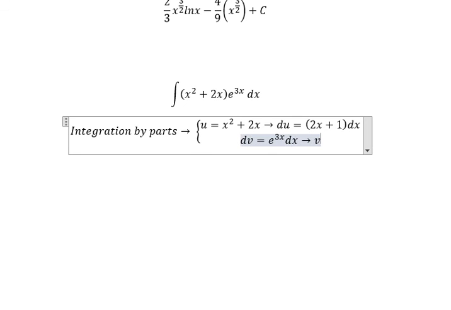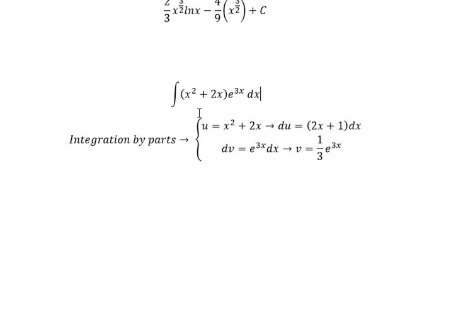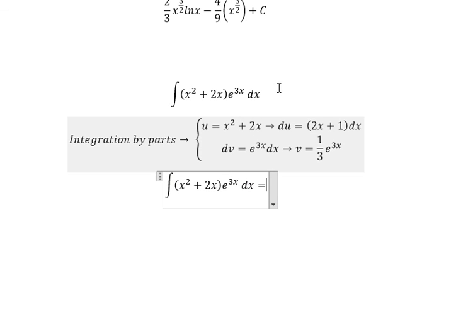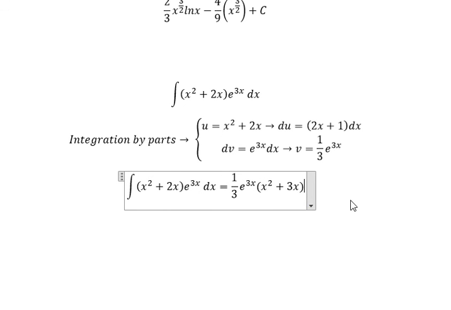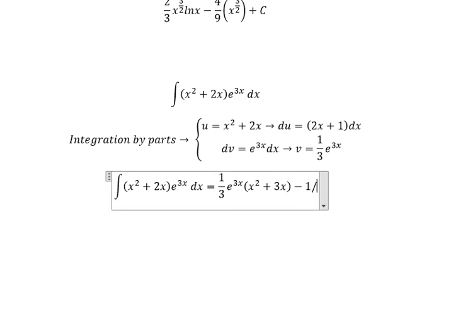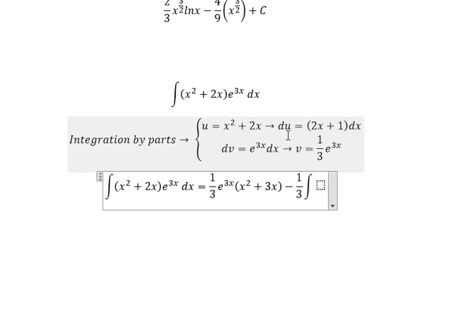So we got v equals 1 over 3 e to the power of 3s. So we got u multiplied with v. And we have negative 1 over 3, and we have the integral of du multiplied with v.